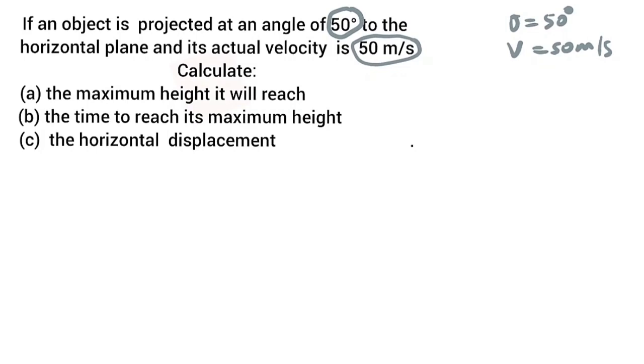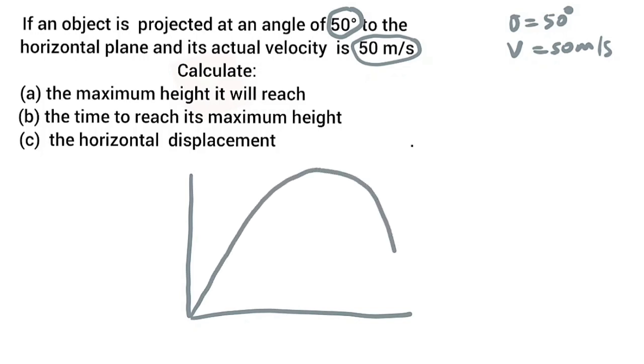Then the diagram will be like this, here, horizontal. The object is projected this way, then it drops. The maximum height they are talking about is this one, the maximum height from this point here.